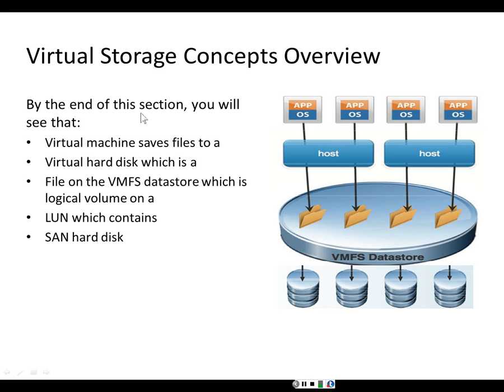By the end of this section, you will be able to see that a virtual machine saves files to a virtual hard disk, which is a file on the VMFS data store, which is a logical volume on a LUN, which contains the storage area network hard disks.